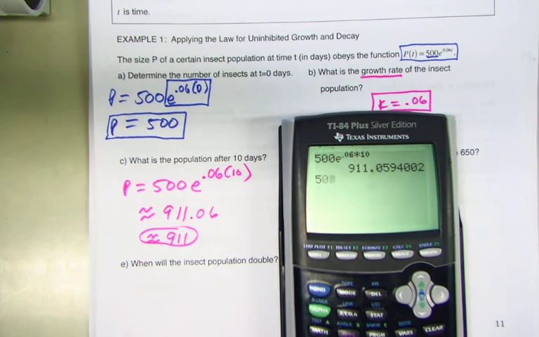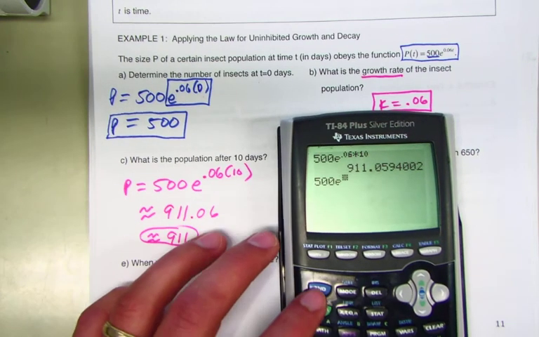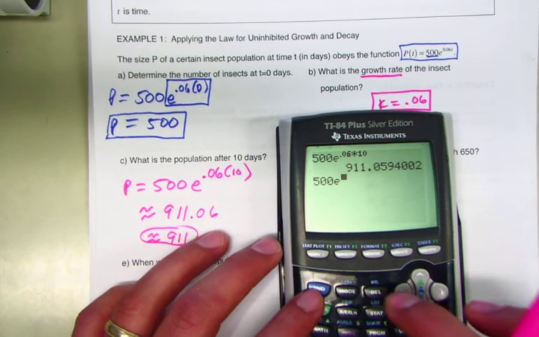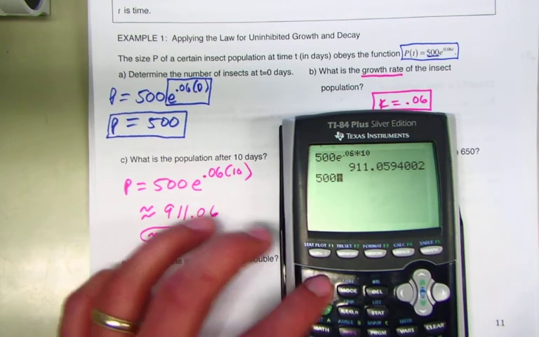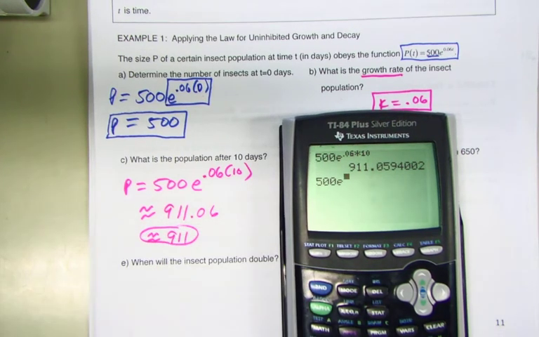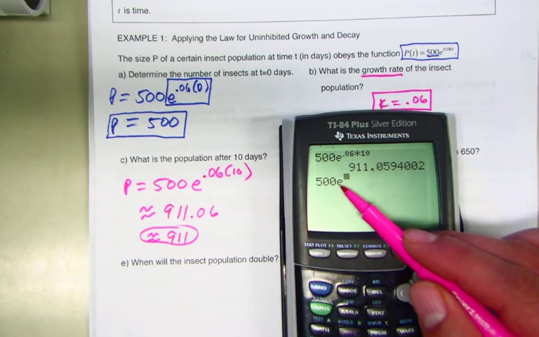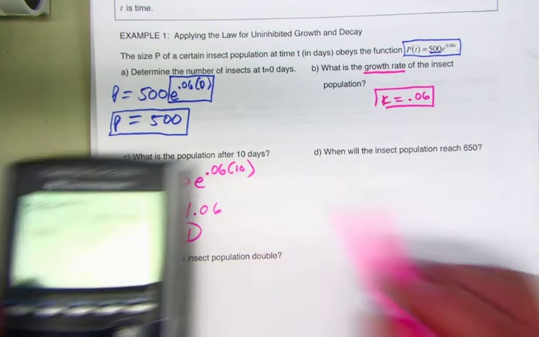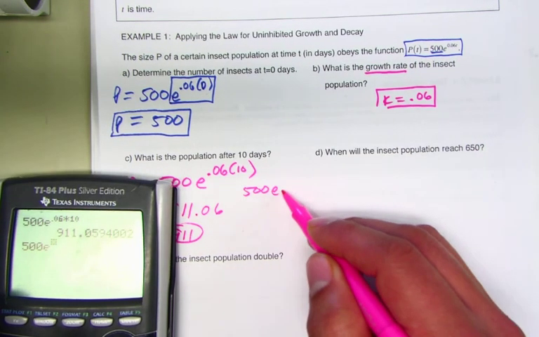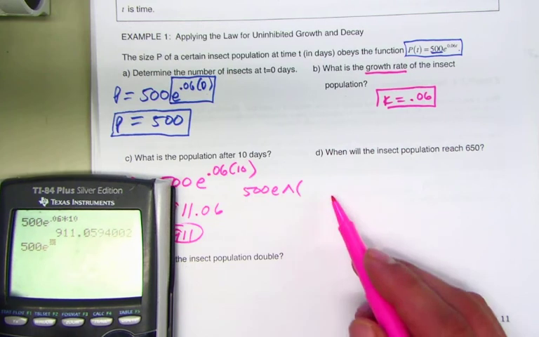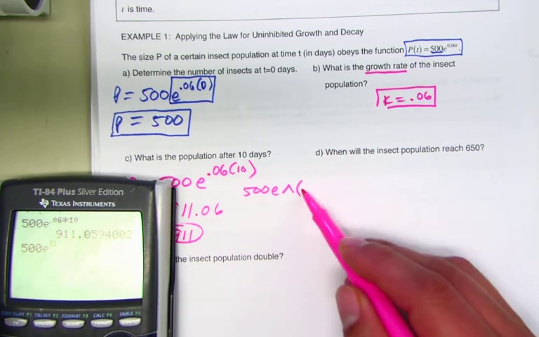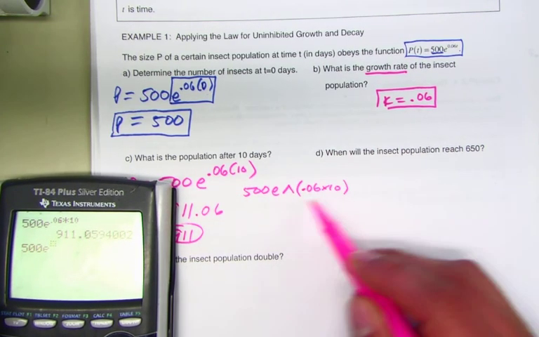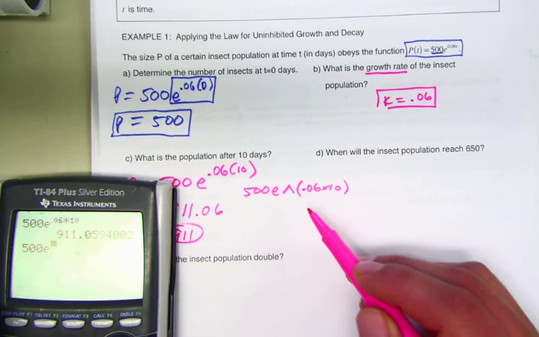If you don't, you see 500e and then a caret, and your calculator's waiting for you to type it in, you got to make sure that all of the 0.06 times 10 is in the parentheses if you don't have that feature on your calculator.